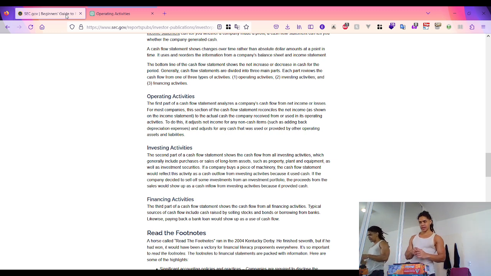To do this, it adjusts the net income for any non-cash items.